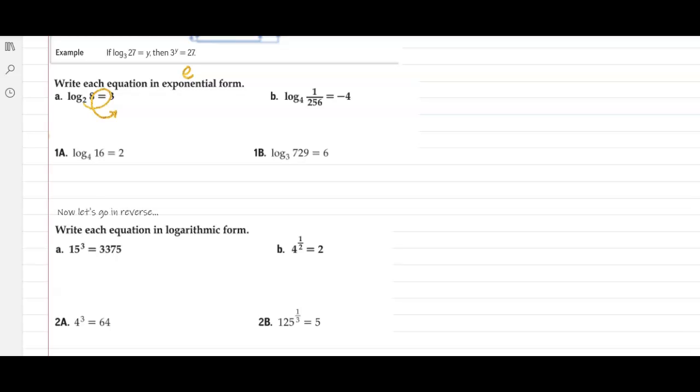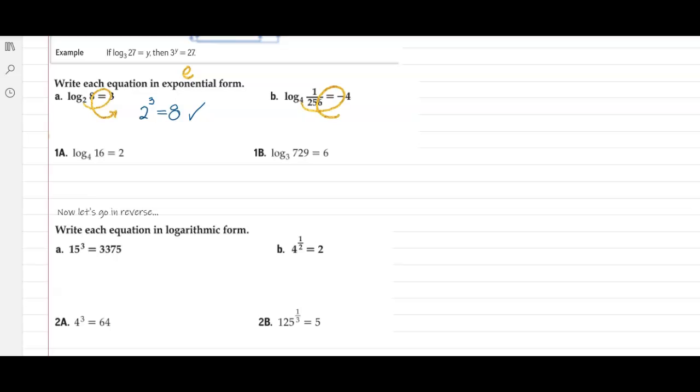We're going to start with 2, then we go over to 3, that's our exponent, because remember a logarithm is an exponent. Then as we come back around this curve, we're passing over the equal sign, 8. Do you agree? Is 2 to the third power 8? It sure is. Let's try this next one.